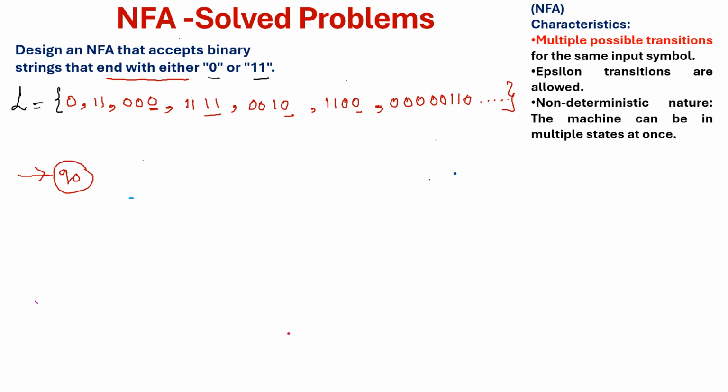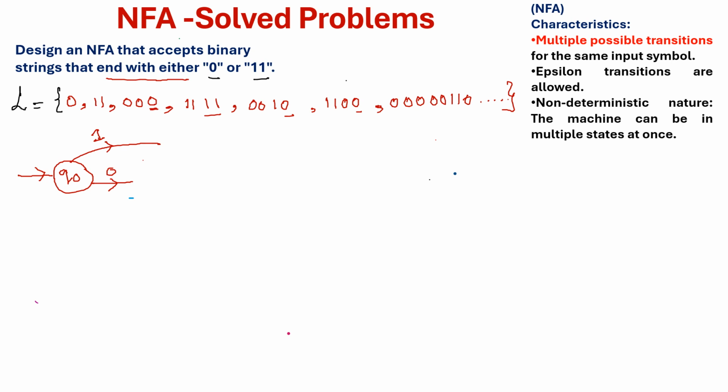Again we have to check all the strings. Either this machine starts with 0 or 1, maximum possibilities, because we have binary strings, either 0 or 1.